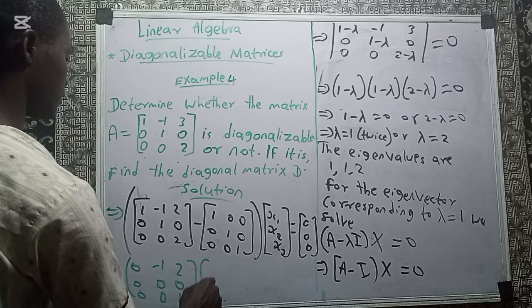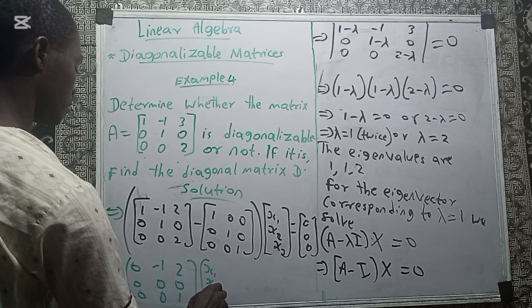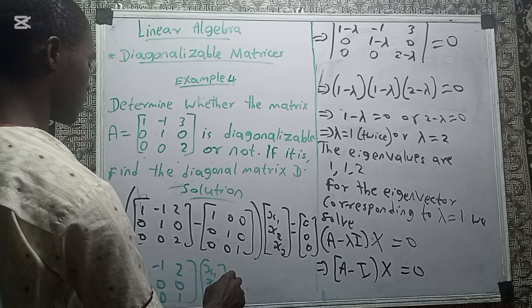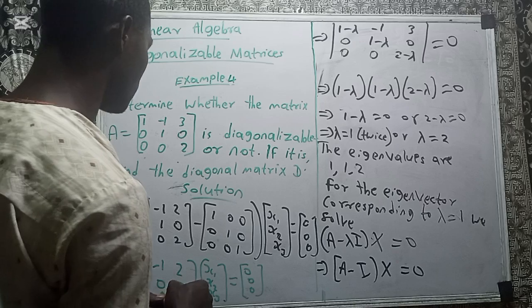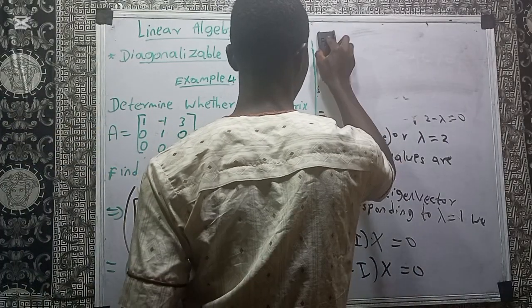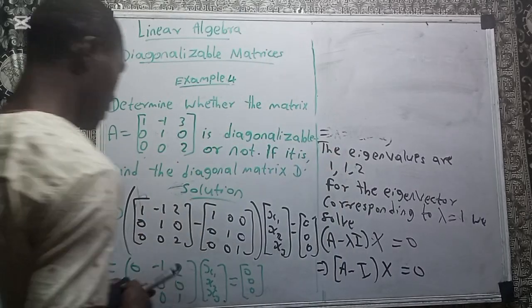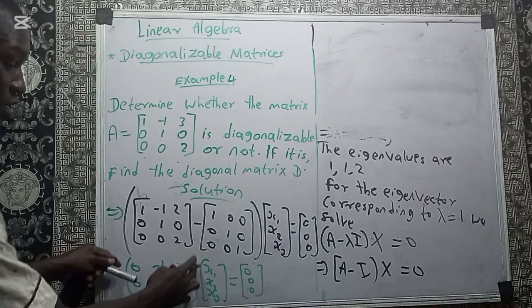So we have this multiplied by the column vector, then equated to the 0 matrix. This is what we have. The next thing we are going to do is to reduce this matrix.